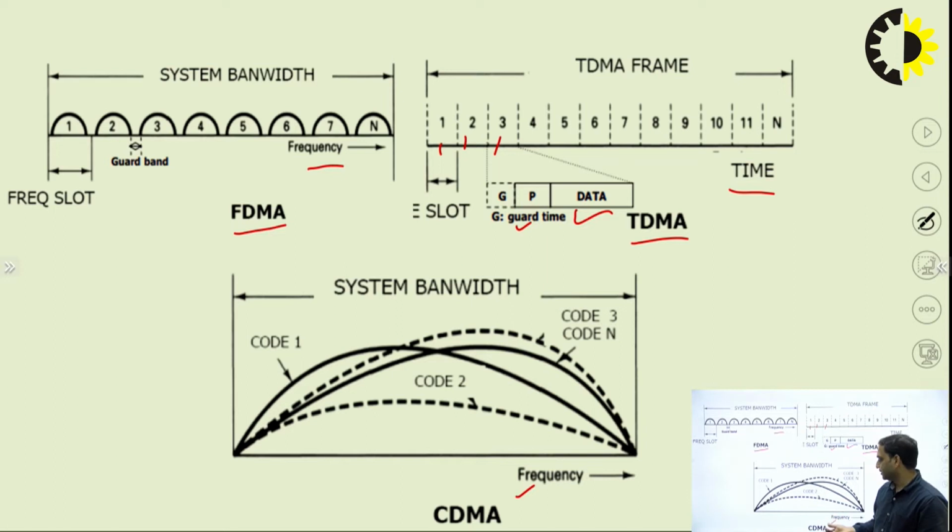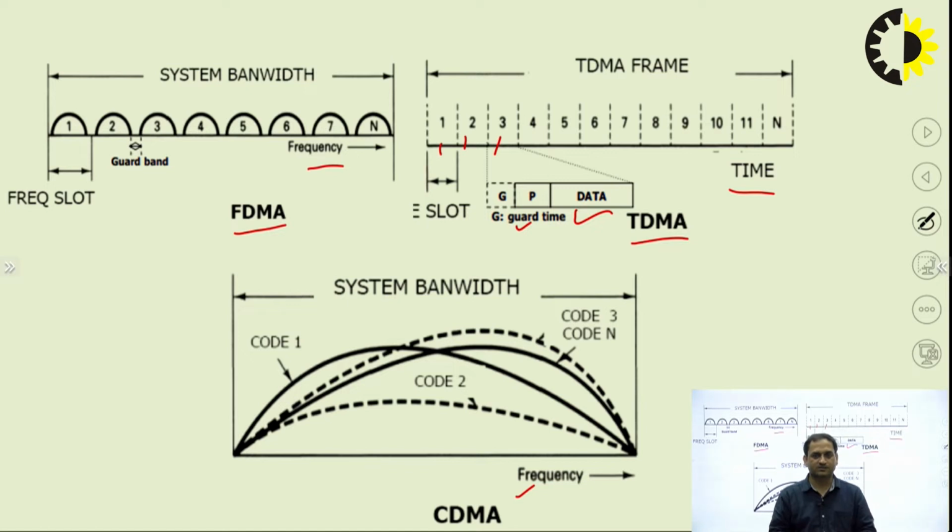Another important point in the CDMA system is that the cellular system uses only one frequency, so every user will use the same frequency. That is why there is a one-cell cluster in the CDMA system, where the frequency reuse factor is 1.